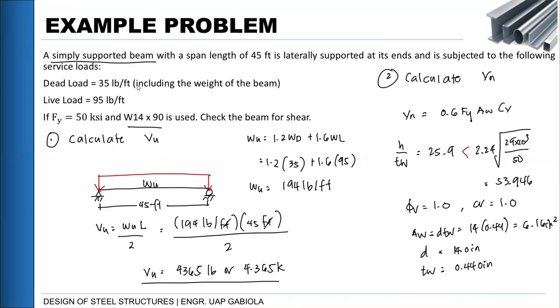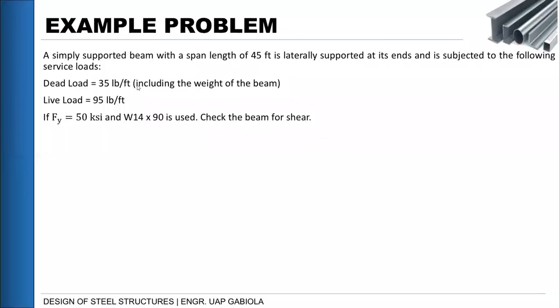So, going to a new slide. Vn is equals to 0.6 Fy Aw Cv. Calculate, 0.6 Fy is 50, Aw is 6.16, Cv is 1.0. So, Vn is equals to 0.6 times 50 times 6.16 times 1.0.